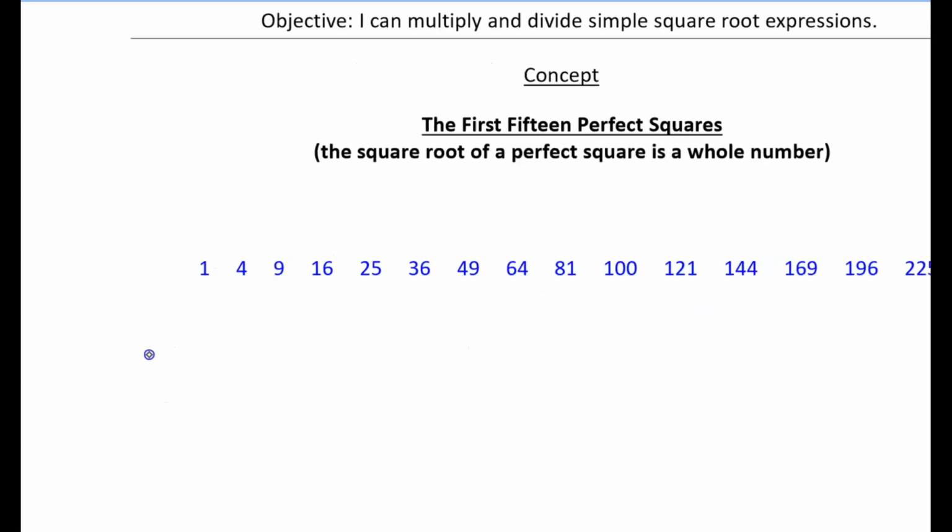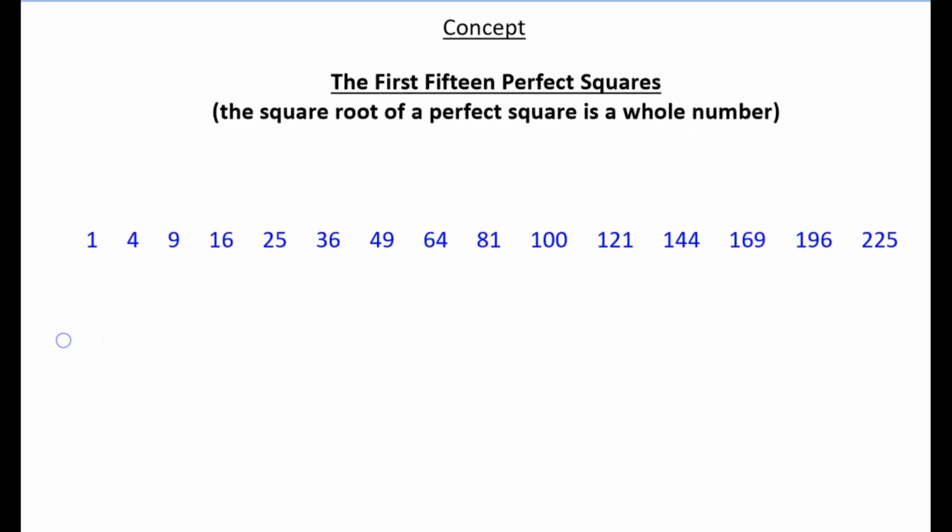Something I also want to go ahead and activate for you in this lesson is the list of perfect squares. And some students struggle with these if they don't have them memorized off the bat, or they haven't committed them to memory. So right now, please make a note of these perfect squares in your notes. And here's a list of them, and I'll just go over them, right?